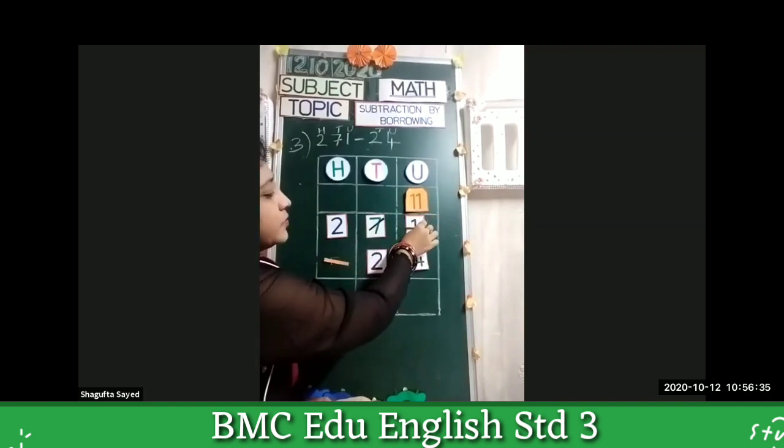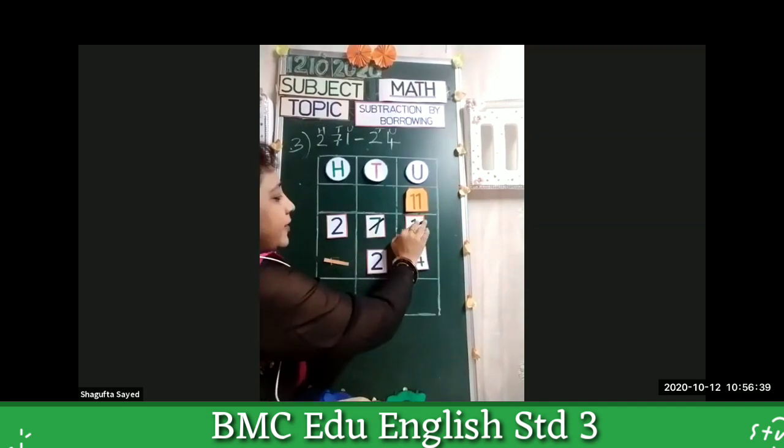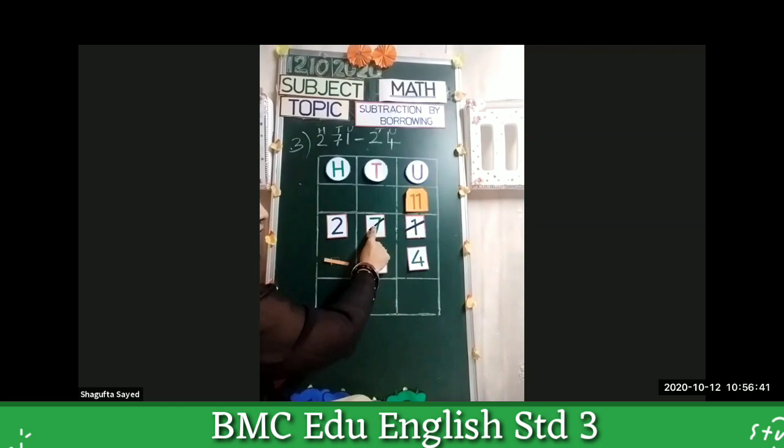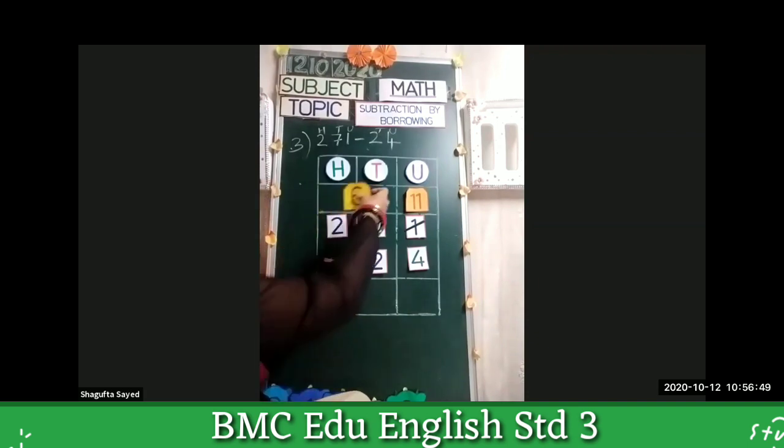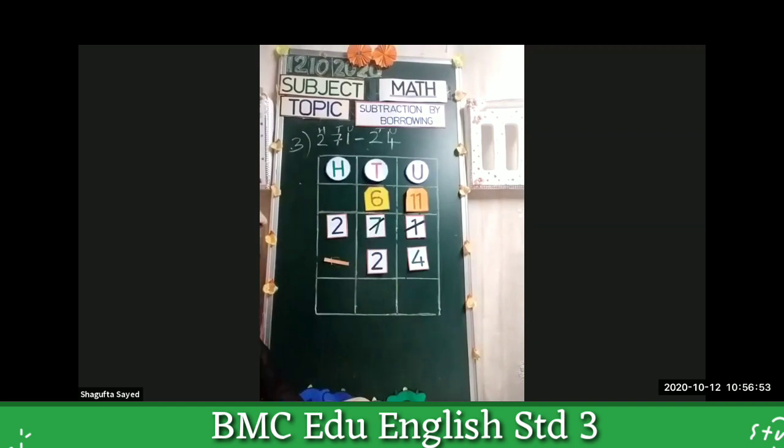So it becomes 11. Next, if I have given there 1, what is remaining over here? 6 is remaining. Now we can start solving, right?